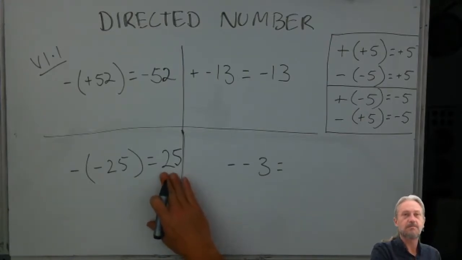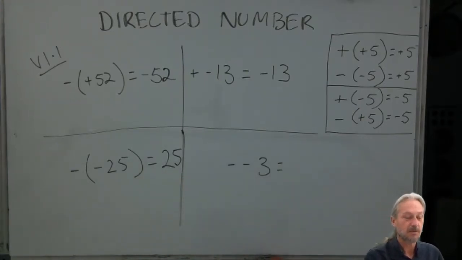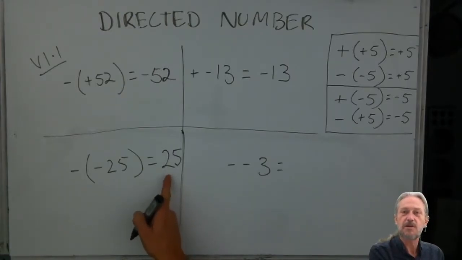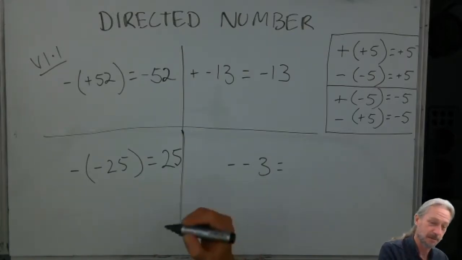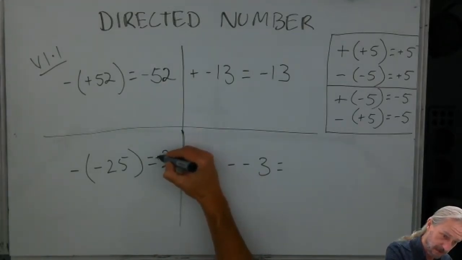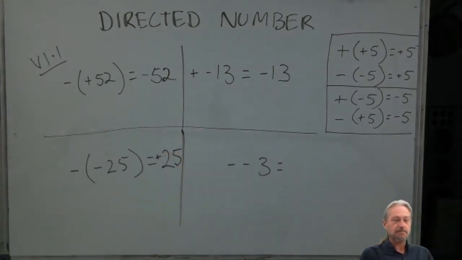In general mathematical notation, because positive numbers are the things we normally deal with, we sometimes don't write the plus sign in front of the number. I mean, I'll put it in now. But if you don't see a sign in front of the number, then assume that it's positive.